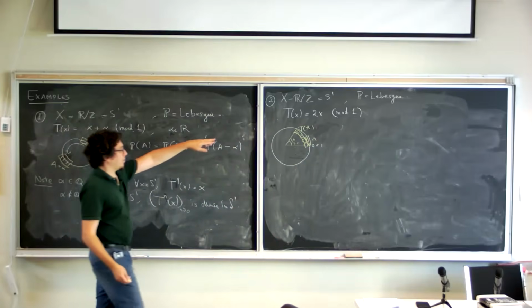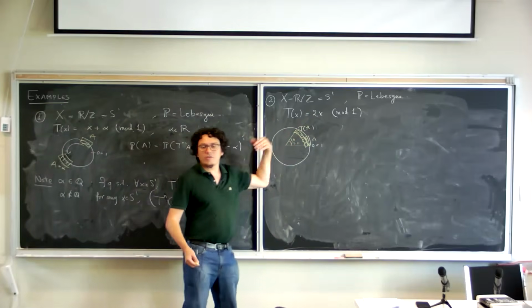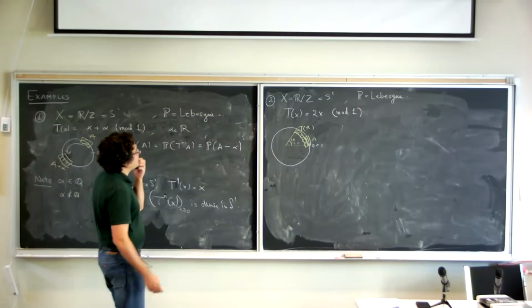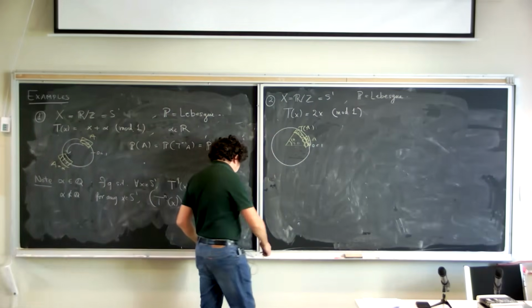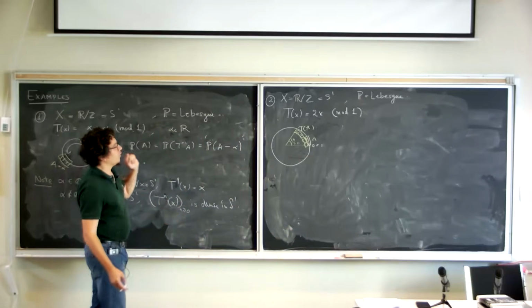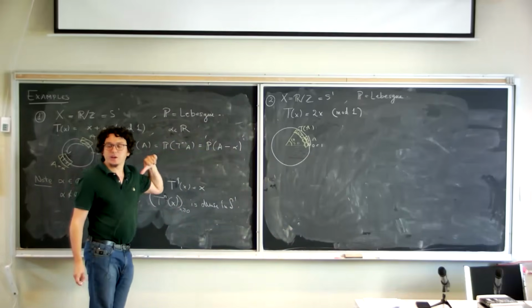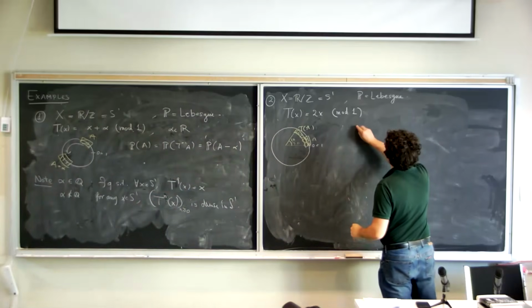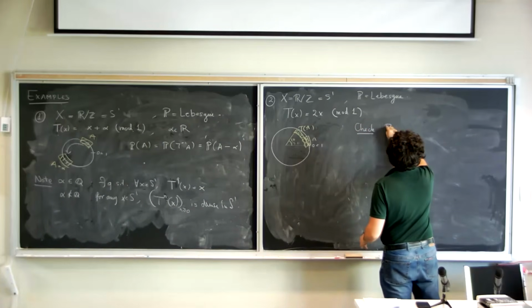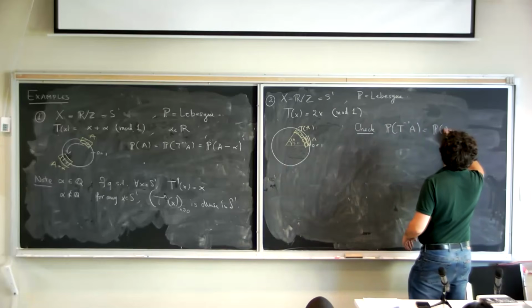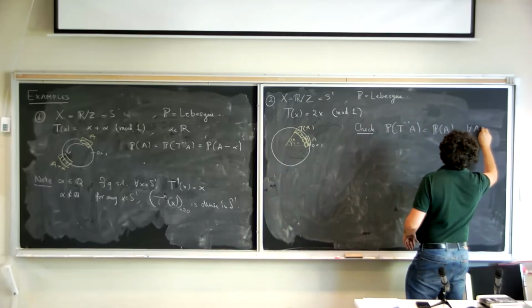So this map is expanding. The derivative is bigger than 1 everywhere. But still, the reason why this is measure preserving is because we don't look at the forward image, but we look at the backward image. We look at the pre-image. So let's check that the probability of T inverse of A equals the probability of A for every A.